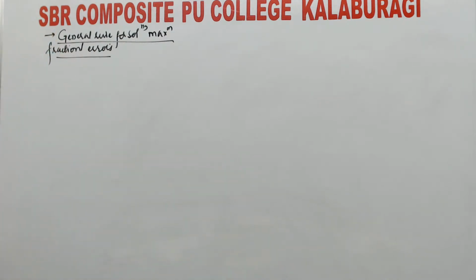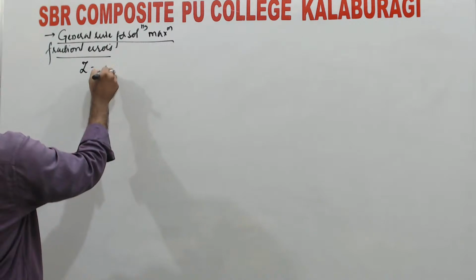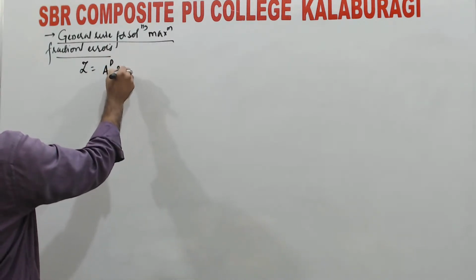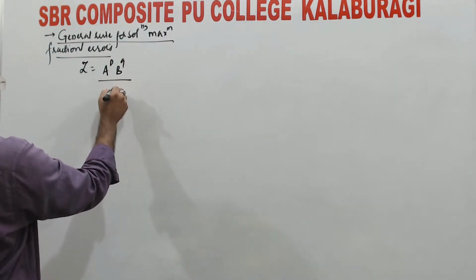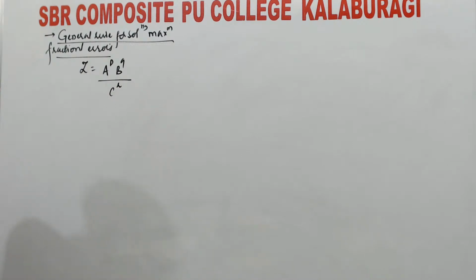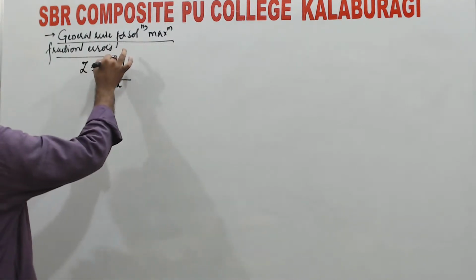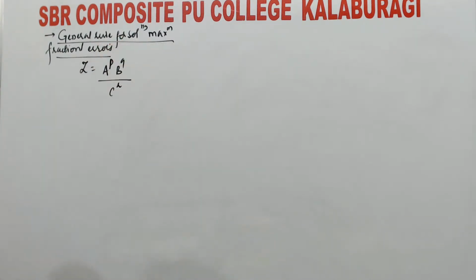The equation is given as Z equals A to the power p, B to the power q, and C to the power r. Now we can write the general rule.